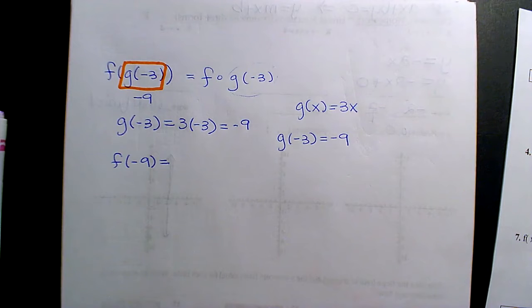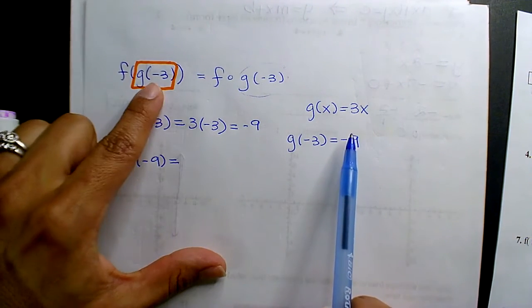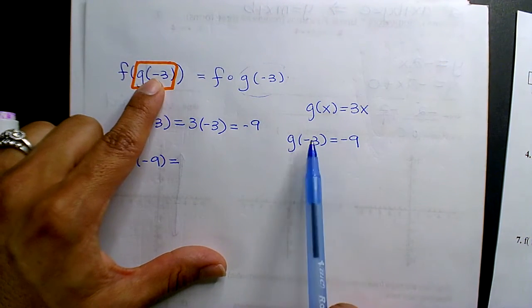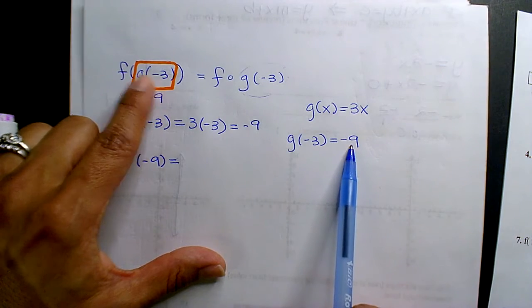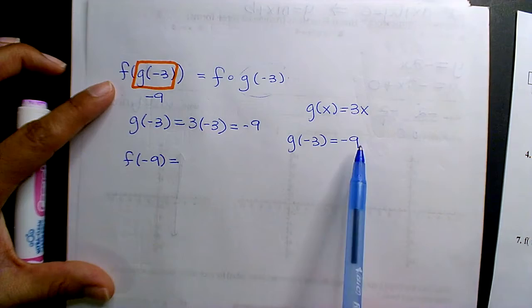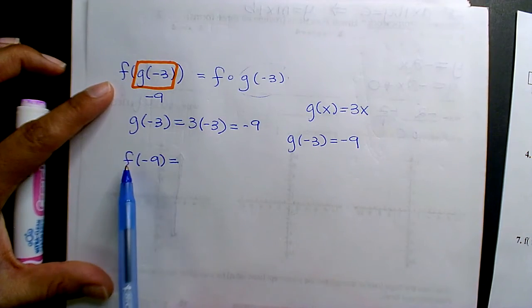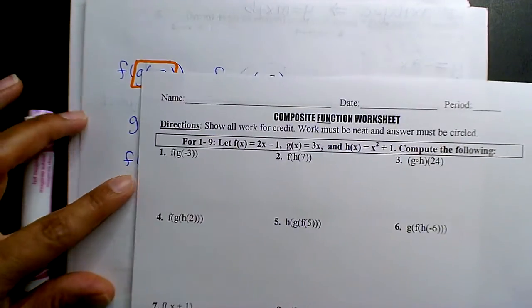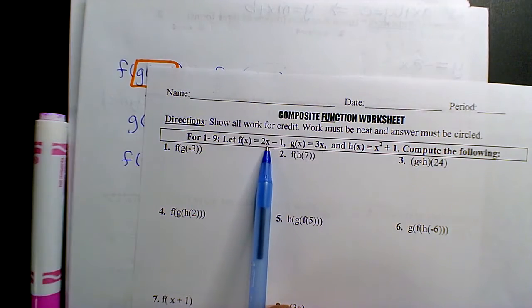It's a continuance of substitution. If you make a mistake earlier, it's a definite domino effect downward. So what is f of negative 9? G of negative 3 is equal to the output negative 9, so now take that output and find f of negative 9. F of x is the function 2x minus 1.